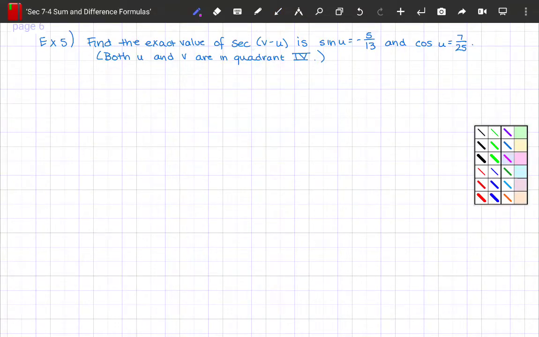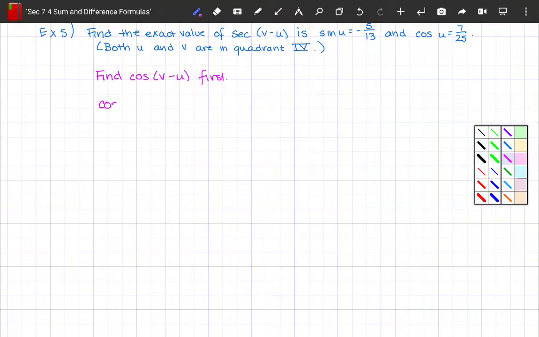Let's start from what we want, our final answer for secant of v minus u. So we're going to have to first find cosine of v minus u. And we know that cosine of v minus u is equal to cosine v cosine u plus sine v sine u.